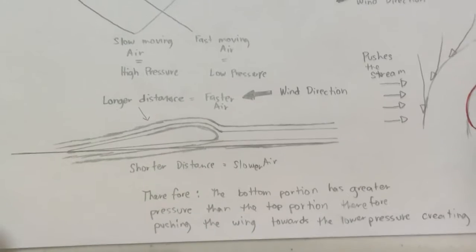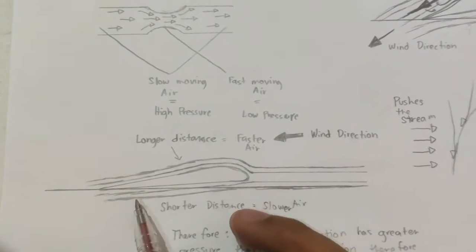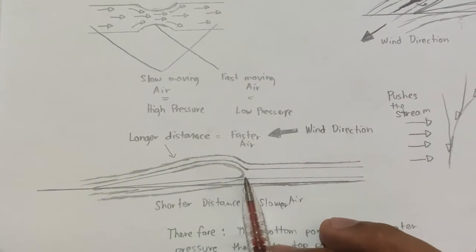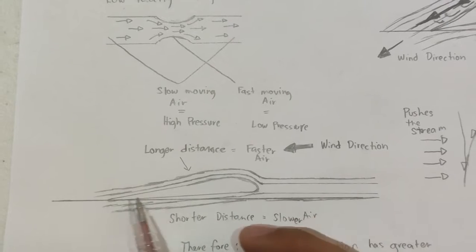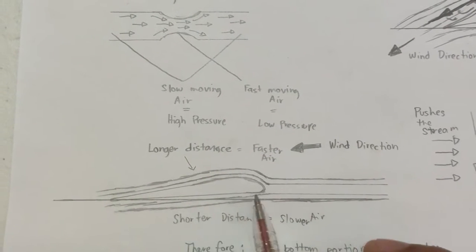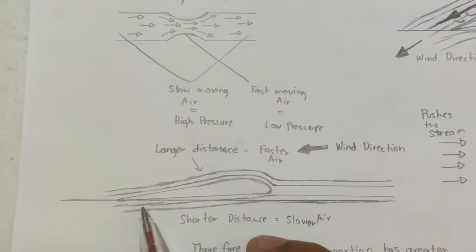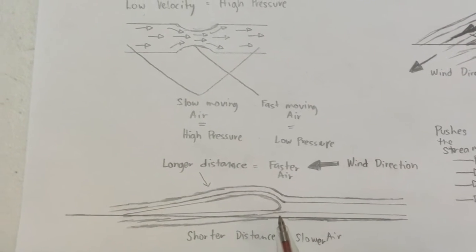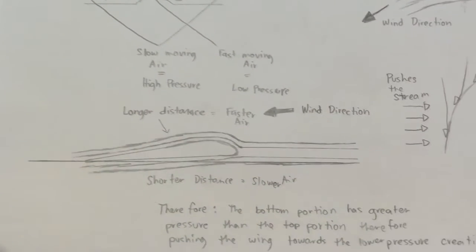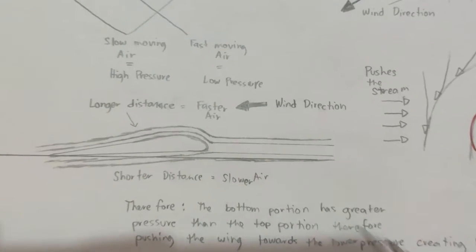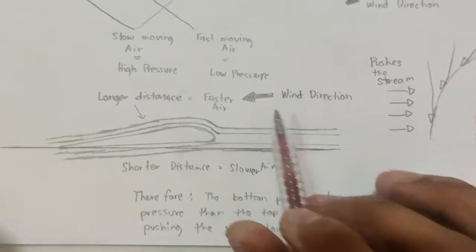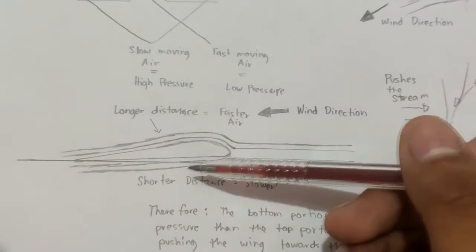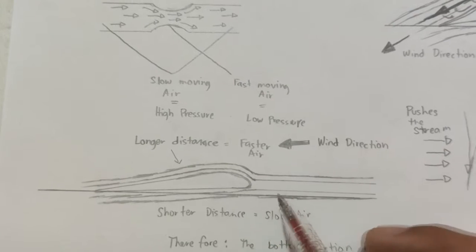Now, in relation to the airfoil, as we can see, the top portion has a greater distance compared to the bottom portion. The bottom portion is flat and the upper part is curved, which is typically longer. Now, this is the wind direction. As wind passes through the airfoil, it splits into two.